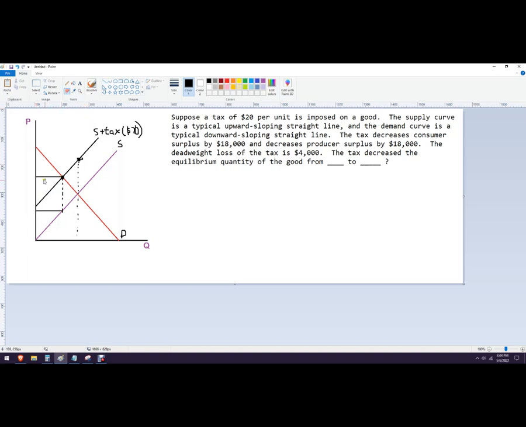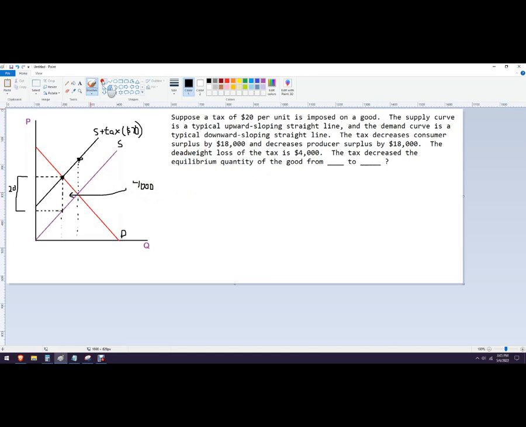Okay, those dotted lines. Okay, the distance here and here is 20, and the distance here and here is what we're trying to figure out. And then the deadweight loss is this whole area here. So this area we're told is $4,000.